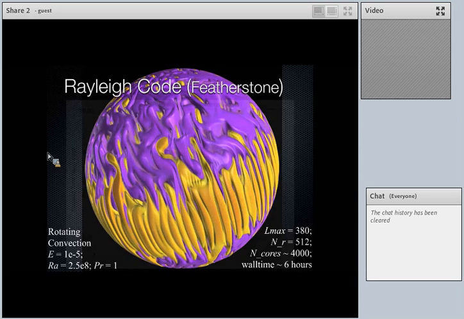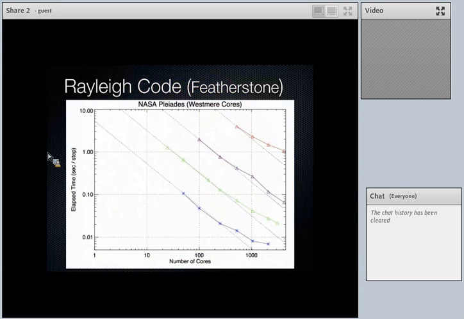Okay. How does this code scale? I forget what size problems these are, but I think we're going from about 124 points cubed, in blue, to about 1,000 cubed, in red. And you see very good scaling well past 1,000 cores for the first 3 cases.